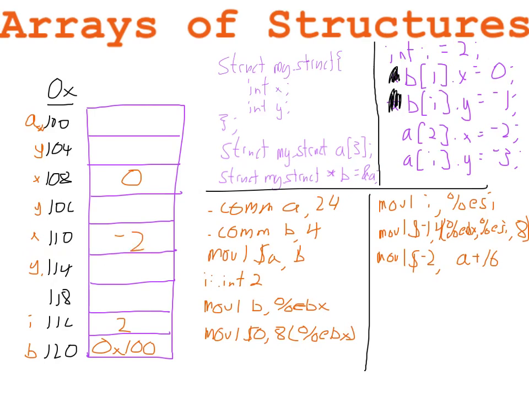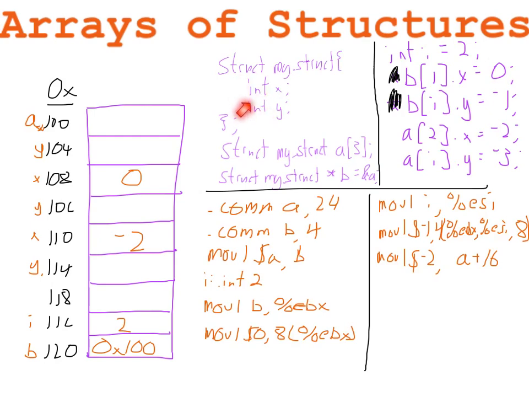Now I know I didn't do this in C up here, but let's just hypothesize about how we would change this if we wanted to access A position 2.y instead. Well, 2 is still known at compile time, and the y component is also known at compile time. We know by the definition of our structure that y is right after x, and x is the 0th element within our structure here.